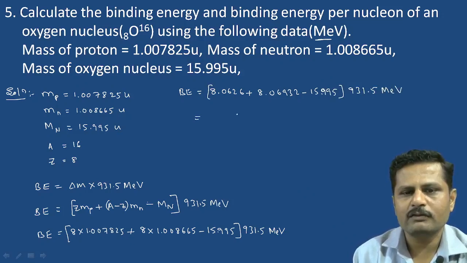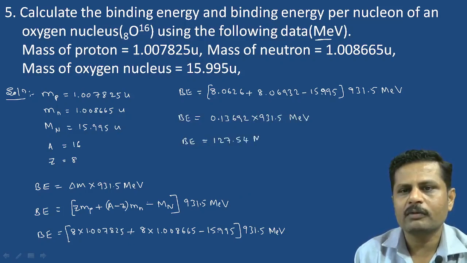If you add all this, we get 0.13692 into 931.5 MeV, and that is binding energy equals 127.54 MeV. This is the binding energy of the oxygen nucleus.